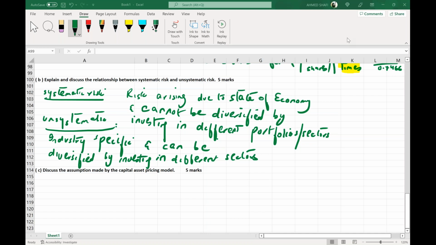No matter if you hold a diversified portfolio and invest in several different sectors, if economy related risks arise, they will affect all sectors, so you cannot eliminate those risks. These are systematic risks. But unsystematic risks are industry specific, like a specific sector gets down, the cement sector gets down, oil prices go down. If you hold a diversified portfolio, like investments in gold, oil, etc., you can diversify.